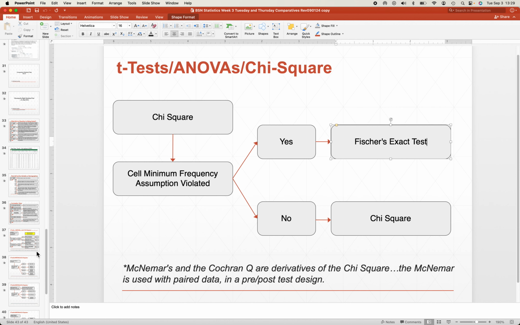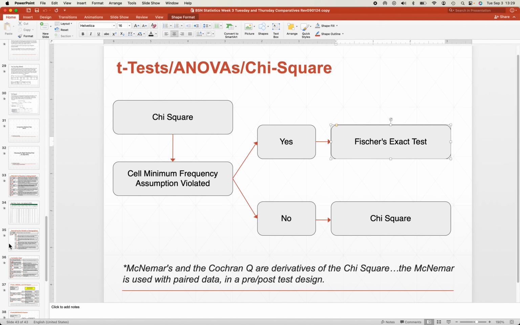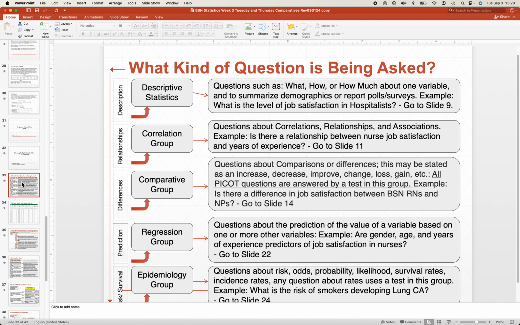So what we're going to do in the second half of this course, when we come back, is look at studies, look at questions, and take that question, the way the variables are measured, and the number of independent variables, and take them through the algorithm and see how they hold up.